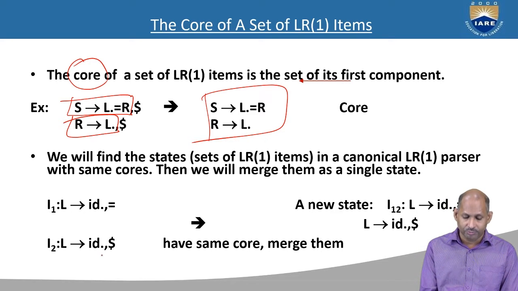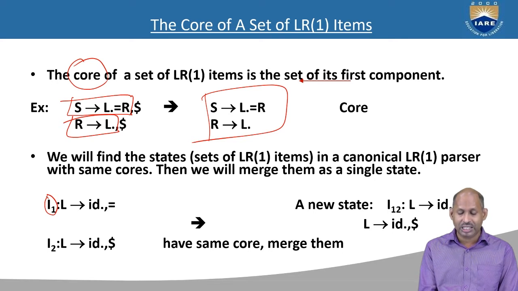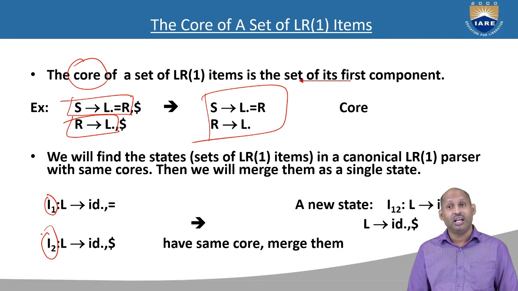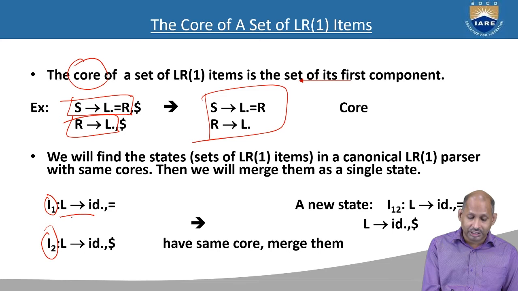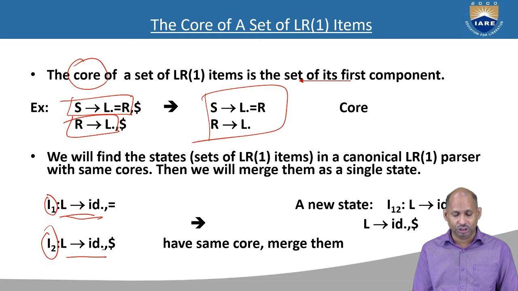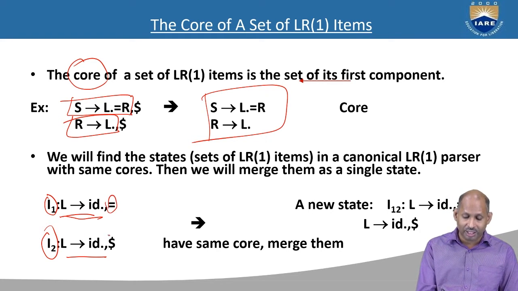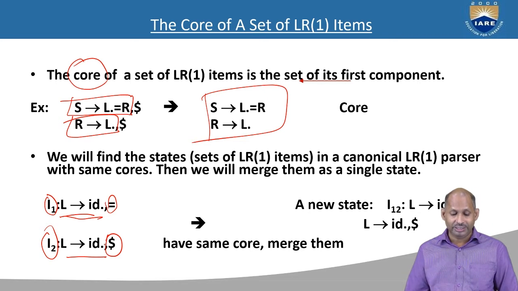If you observe here, this is the I1 state and this is the I2 state. Both have the same core or same production, but the lookahead symbols are different. In the canonical LR parsing method, I1 and I2 are different states.